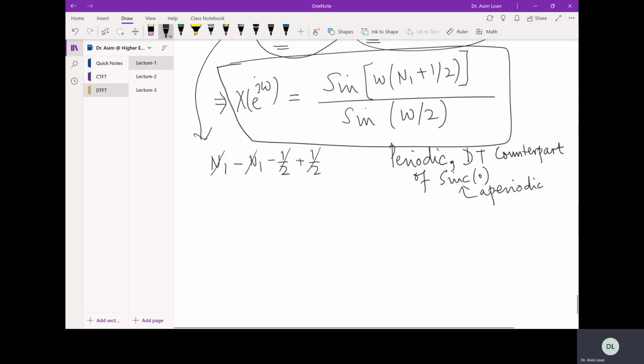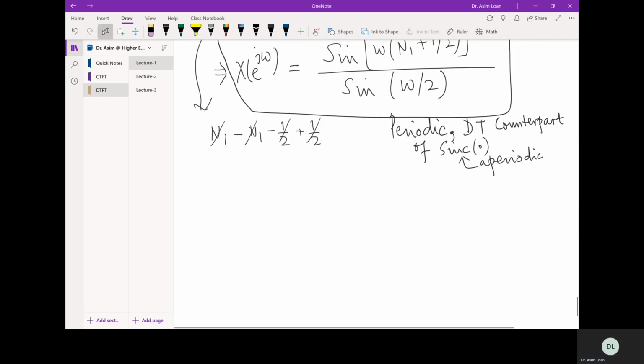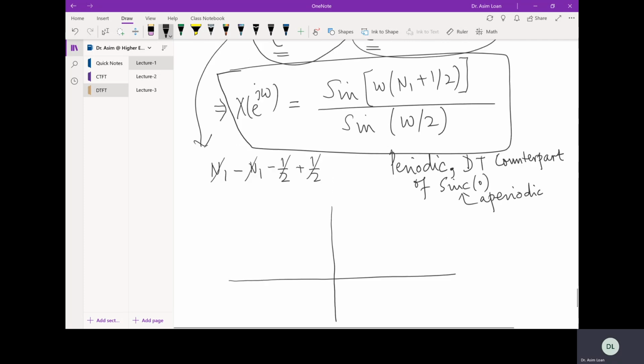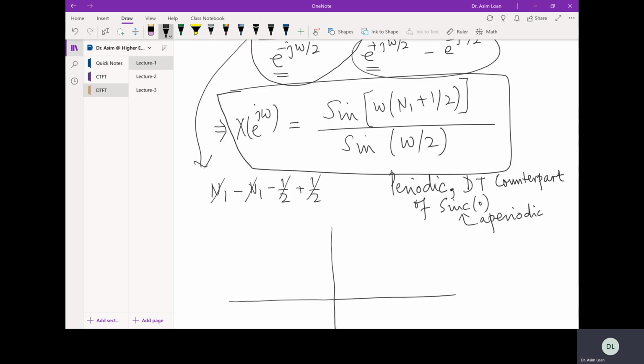And let me sketch it for you. Sine 0 is undefined. So this will have value n1, 2n1 plus 1 over 2 divided by half. So this value is 2n1 plus 1. And this function is like this.